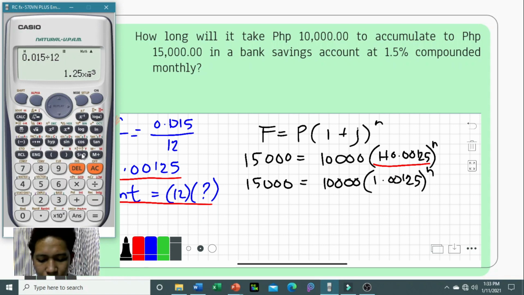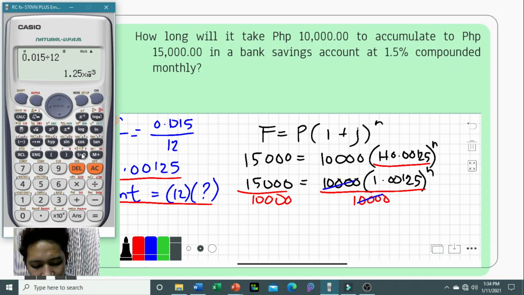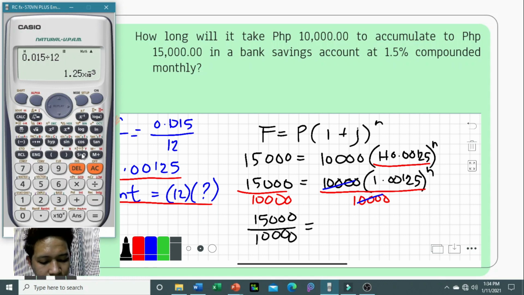We can just divide both sides by 10,000 para matanggal natin yung 10,000 sa kabilang side ng equation. So kapag sinimplify natin ito, we have here 15,000 over 10,000 equals 1.00125 raised to n.